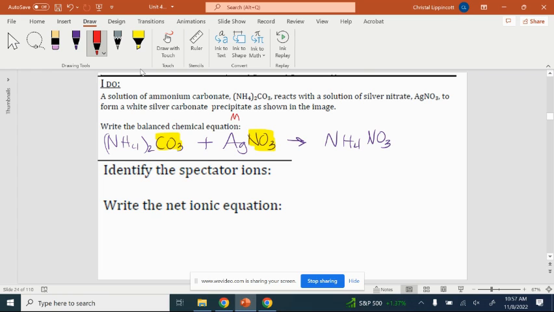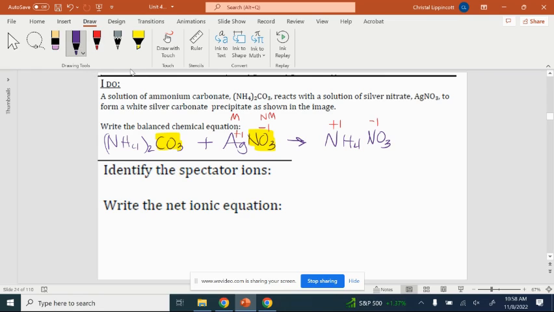So remember, anytime you have a metal and a non-metal, it's going to be ionic. So then you have to look at the charges. Silver is always a +1. Nitrate is always a -1. So these are going to be in a 1-to-1 ratio. So when we bring them over here, this is also a +1. This is a -1. So I don't need subscripts.